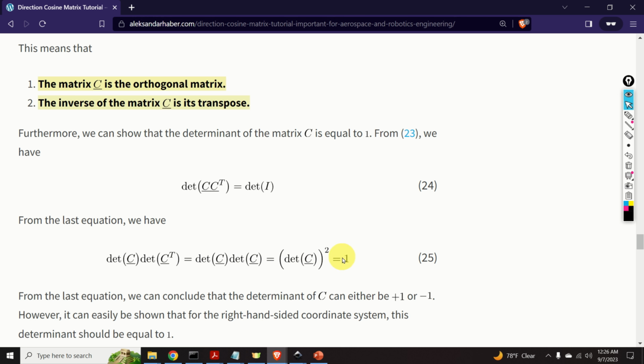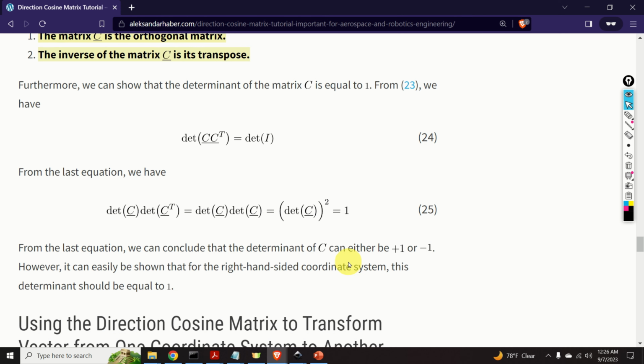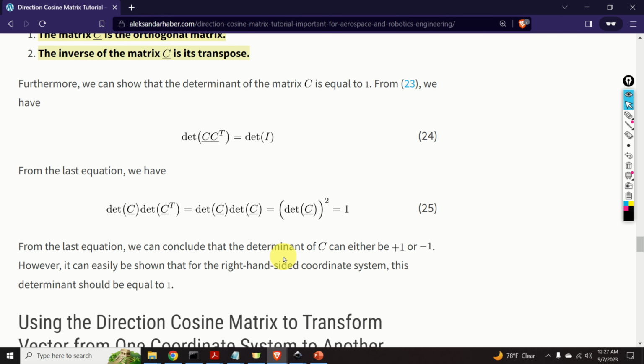We have 1 over here since we know that the determinant of the identity matrix is equal to 1. From the last equation, we can conclude that the determinant of C can either be plus 1 or minus 1. However, it can easily be shown that for the right-hand sided coordinate systems, this determinant should be equal to 1.